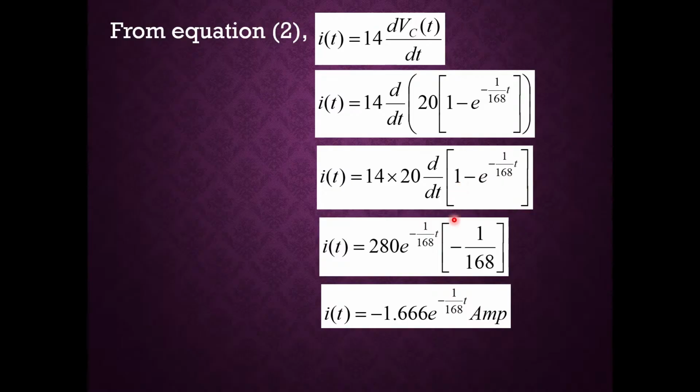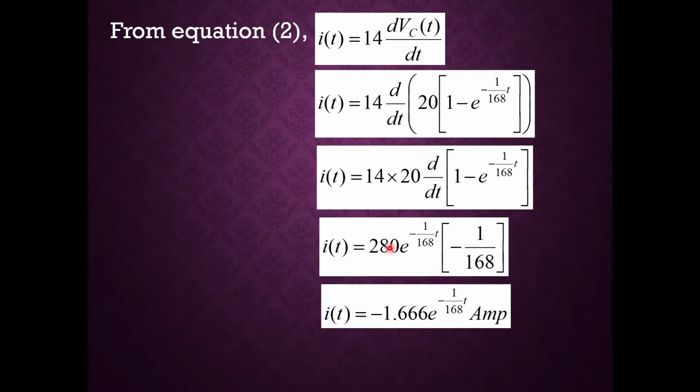Just differentiate: 1 gives 0, and the differentiation of e power minus 1 by 168t is minus 1 by 168 into e to the power of minus 1 by 168t.